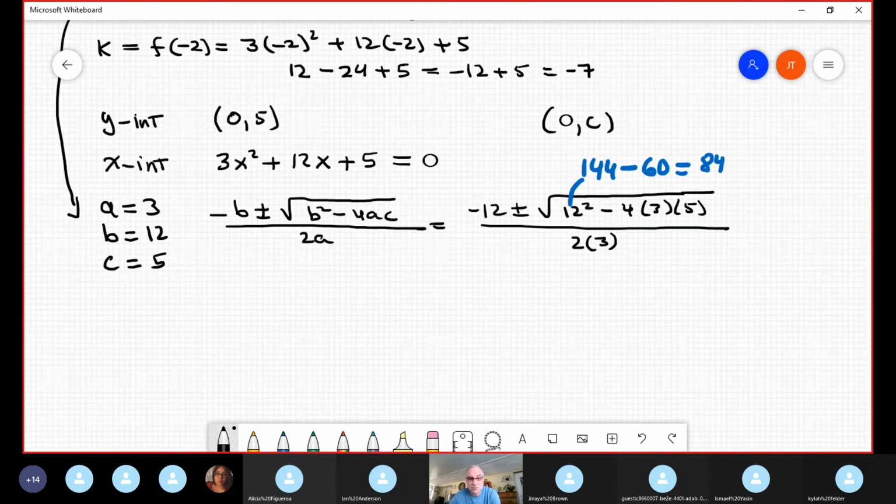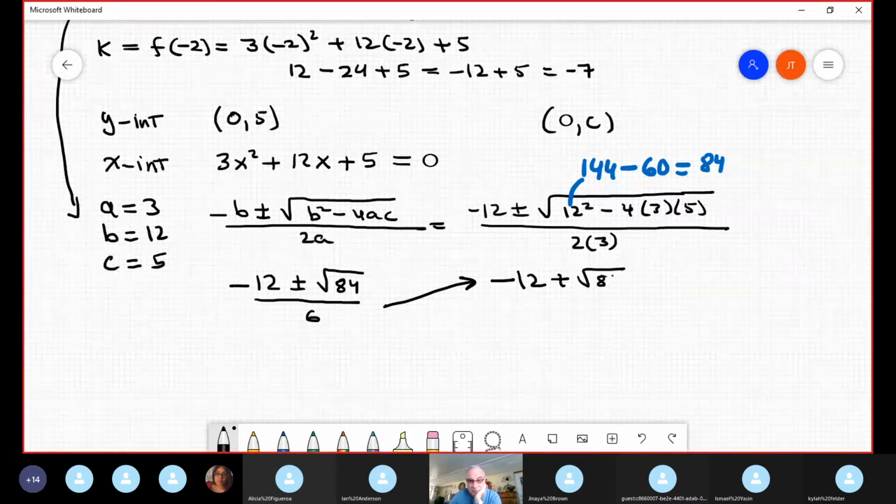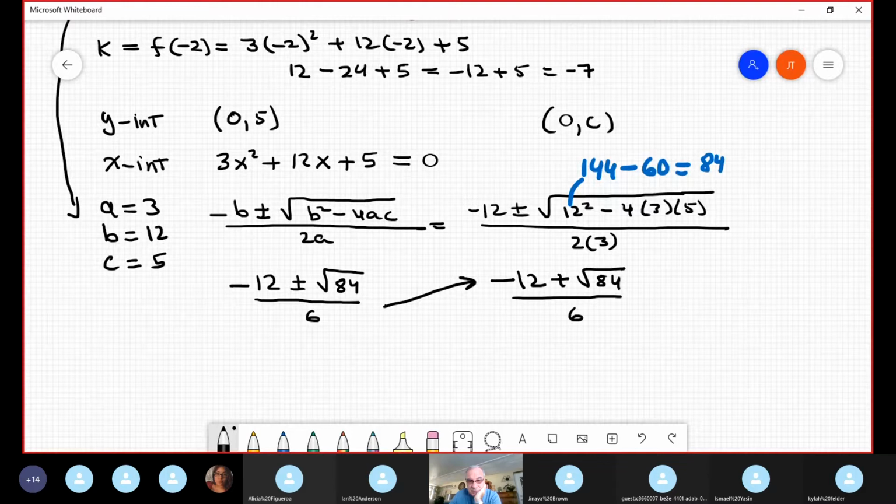The basic form is minus 12 plus or minus square root of 84, divided by 6. We can manipulate it a little bit, but let's go directly to the point. I copy minus 12 plus radical 84 over 6, and minus 12 minus square root of 84 divided by 6.